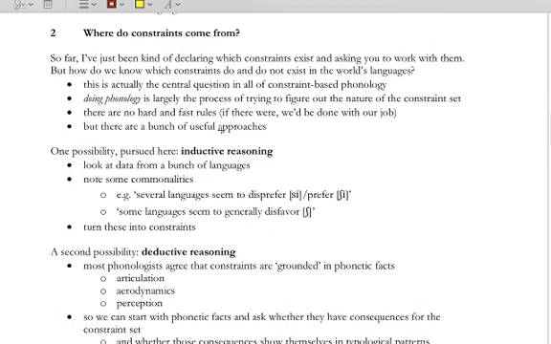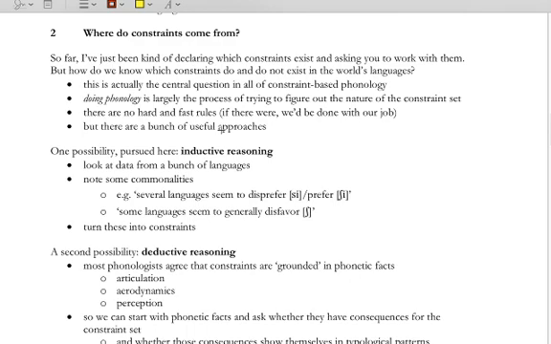The one that we've been using here, at least implicitly, is the inductive approach, or inductive reasoning. Inductive reasoning more generally refers to using specific principles to try to infer more general ones, using specific data points to try to learn something more generally.